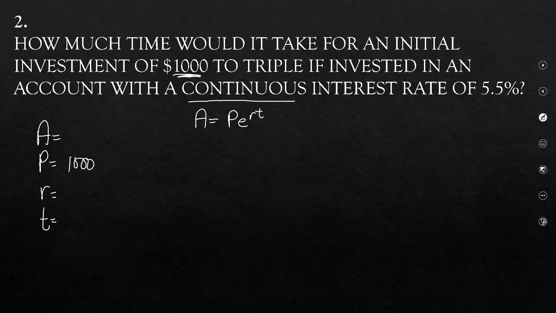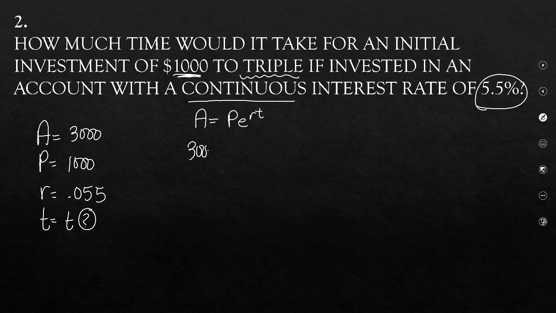That's our P. We want it to triple, so 3 times 1,000 would give us 3,000. The rate is 5.5%, which we changed to be 0.055. And the time is our big question mark that we're actually looking for. Substitute in, solve like we just did on the last example.